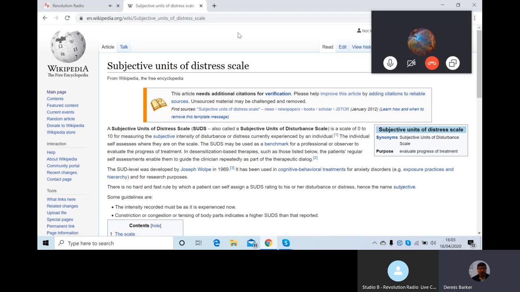Well, I'm not doing therapeutic dialogue here. I'm doing emotional freedom technique on the radio, but the SUDS scale is still useful because it's about recording the intensity of what you're feeling now. It's a way of recognizing an emotion or a situation in your body that you might not have noticed before.